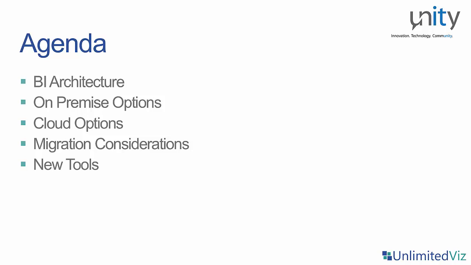Once we've got both of those down pat, we can look at the similarities and differences between those two deployment models, and then where hybrid deployments may come into play. We'll walk right down the on-premises stack and discuss what our migration options are for the cloud, if they even exist. Then finally, we'll finish up by discussing some of the new tools that are emerging and have time for Q&A.